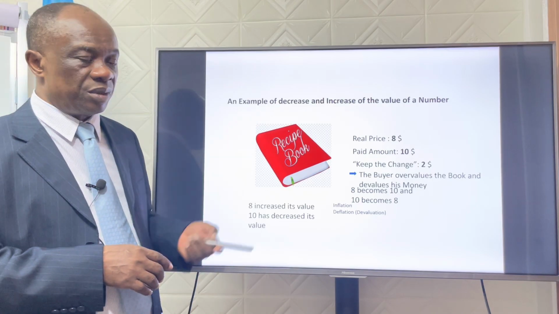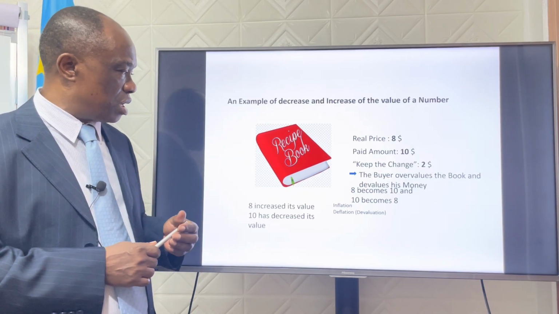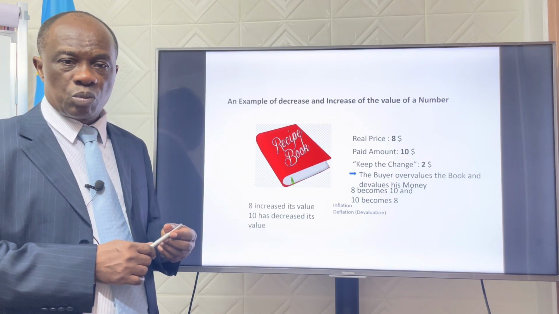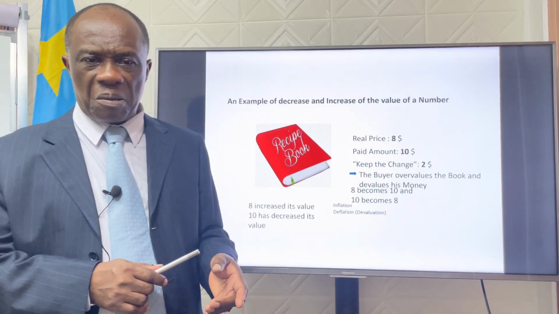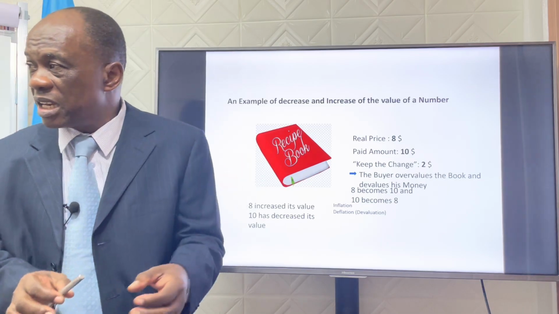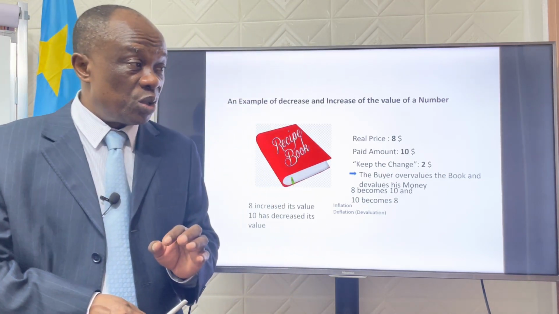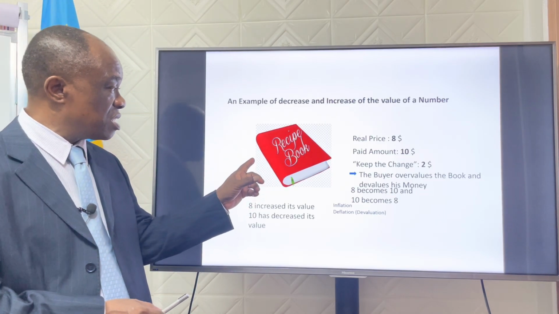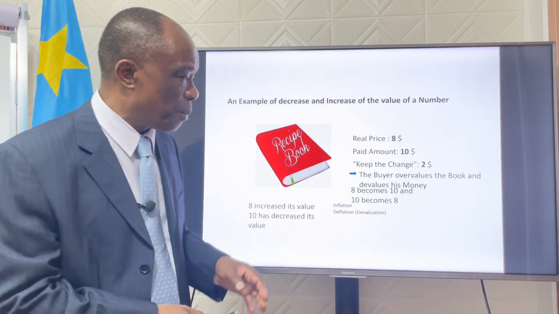This is an example. You are looking for a recipe book like this. Then you roam around, you cannot find it. Many places you go, you can't find the book. Then all of a sudden you arrive in some corner, and you see someone selling the book. And you ask the price.